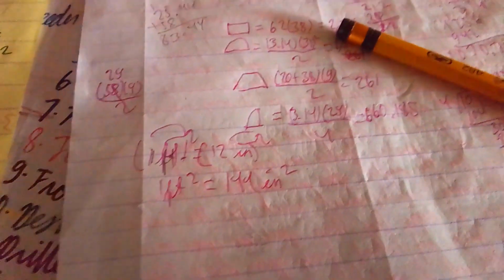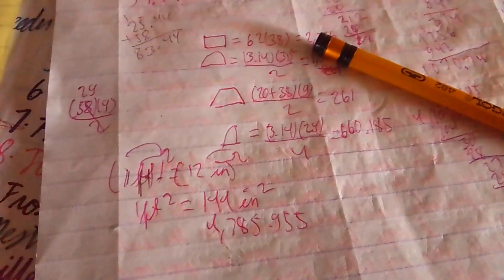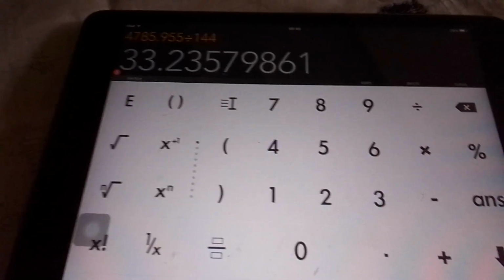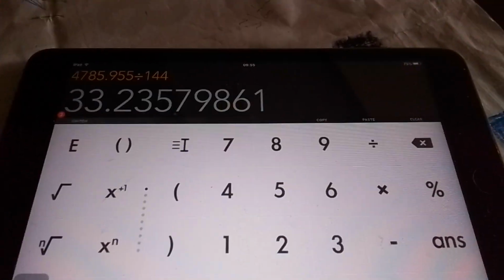Then where are we going to put our area? The feet squared. It's right here. 4,785.955. Now we're going to have to divide it by 144. We should get the area in square feet is 33.235 or 33.24 if I were to round it off.